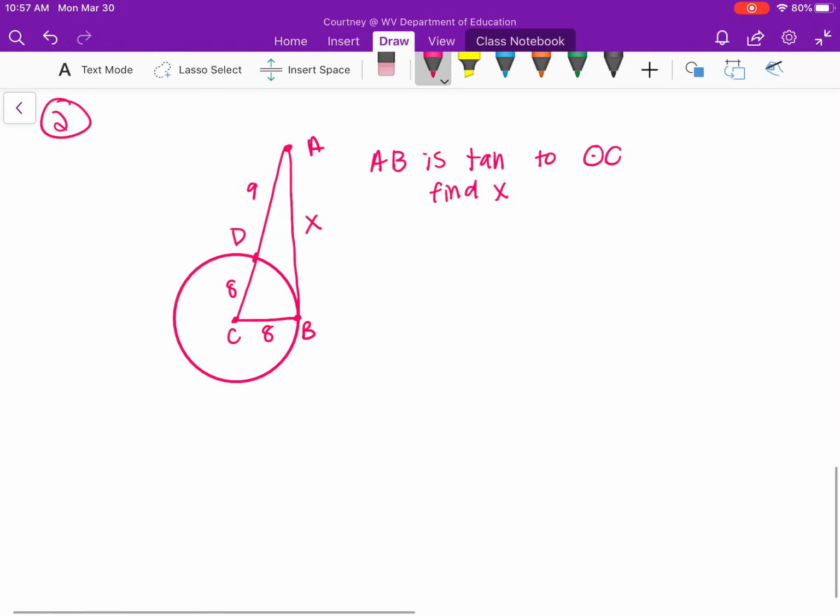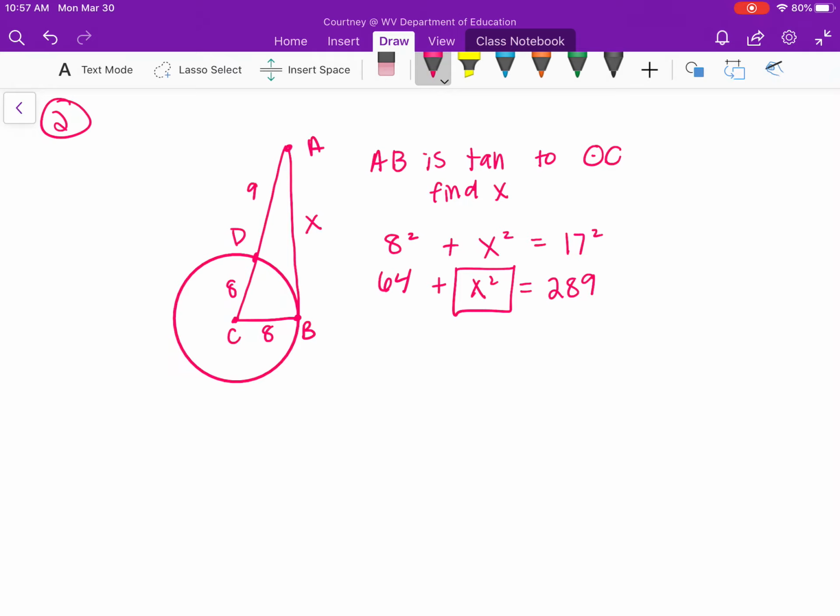Okay, so like we said, we use the Pythagorean theorem. We have BC, which is 8 squared, plus X squared equals the hypotenuse. The hypotenuse is 8 plus 9, which is 17 squared. 8 squared is 64. 17 squared is 289.